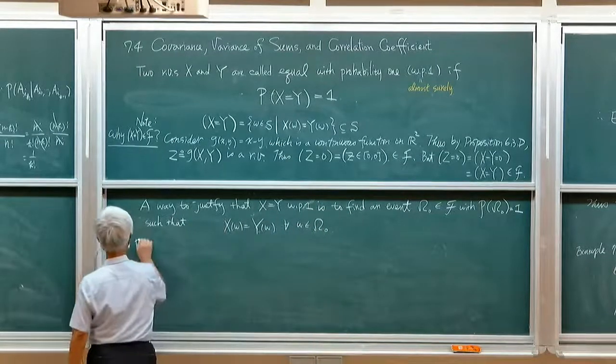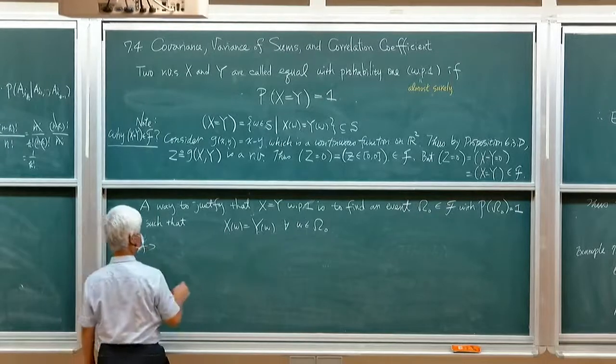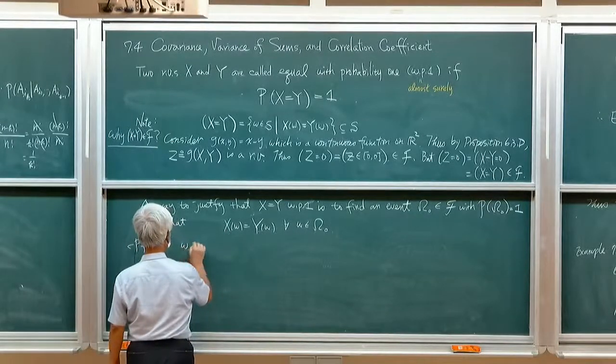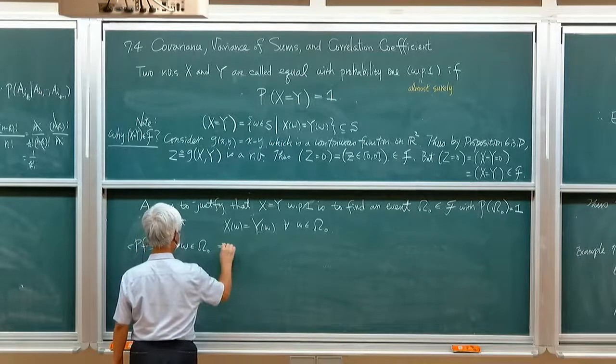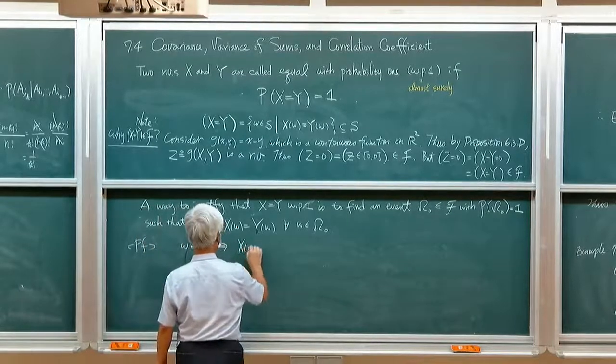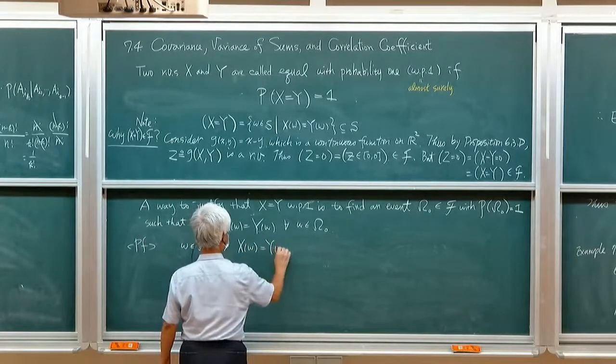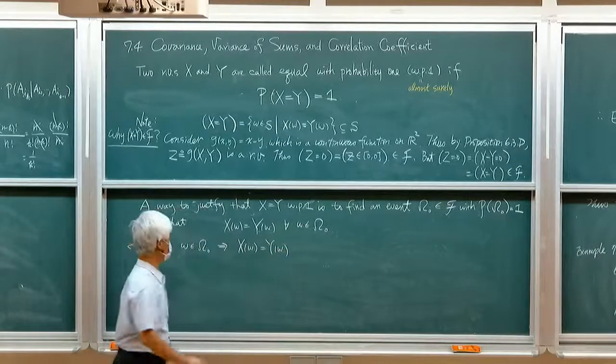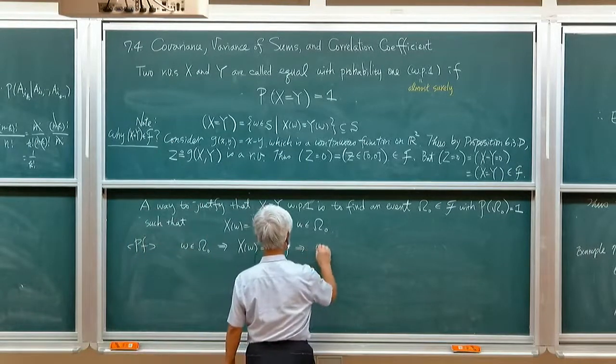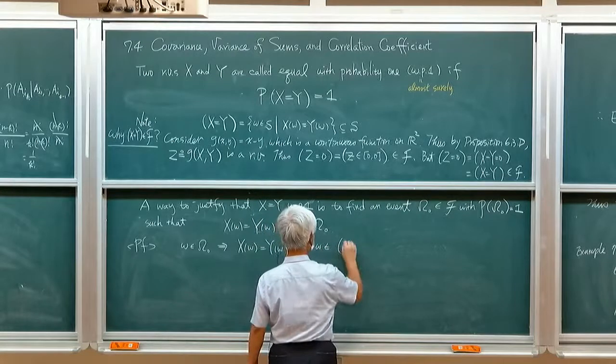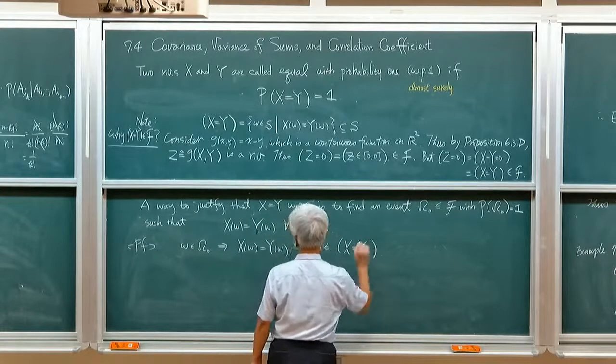And if you need a proof, then that's fine. Since omega in omega 0 implies x equals y, by our requirement that means that omega is in the event.